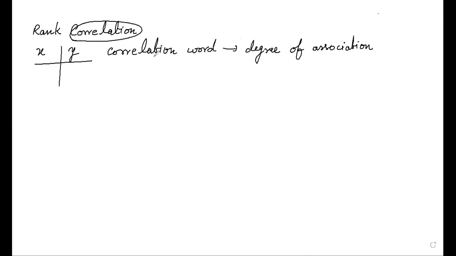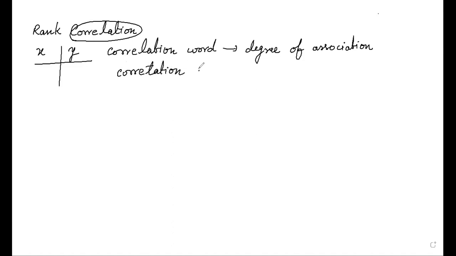So now, how are we going to measure how much they are associated, whether there is a strong association between them or a poor association between these variables? We must have some measure to get the amount of association, or extent of association, between these two variables. That measure is the correlation coefficient.